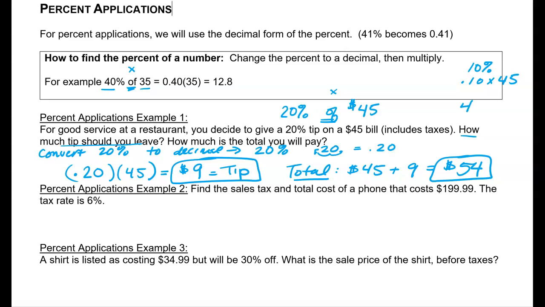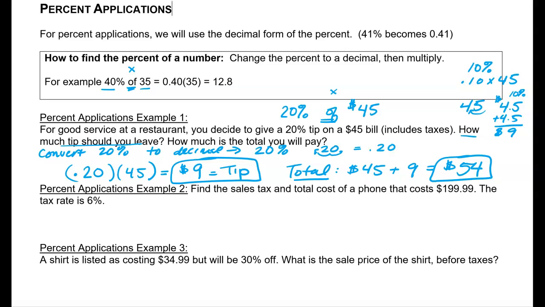So if you have a $45 bill, moving the decimal place 1 spot left gives you a 10% tip. You don't have to do anything with a calculator. Right off the bat, for a $45 bill, $4.50 would be a 10% tip. If you want to leave 20%, all you have to do is double that. So 4.50 plus 4.50 is $9. That's a way you could do it in your head without even using your calculator.